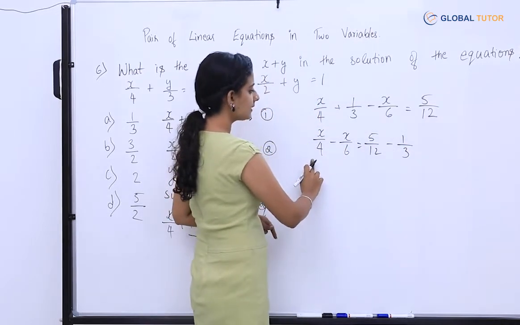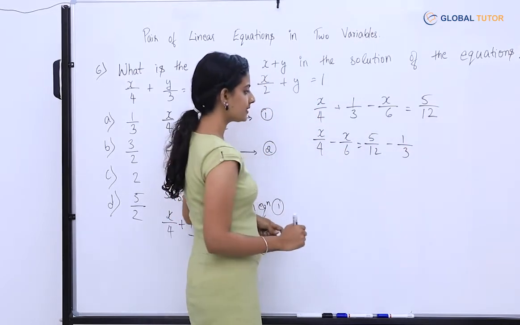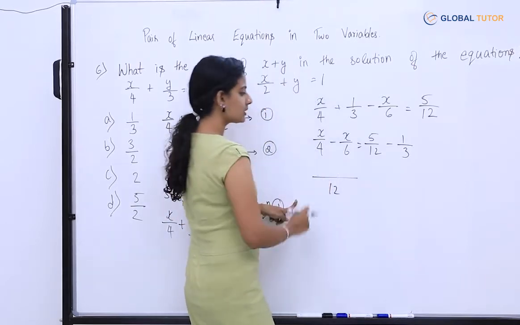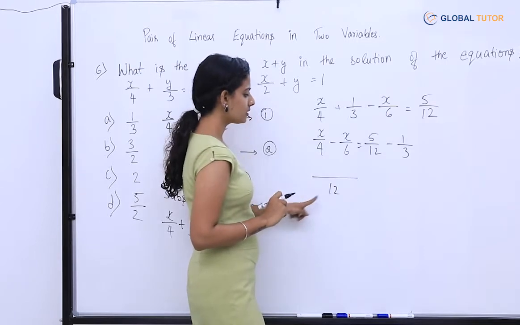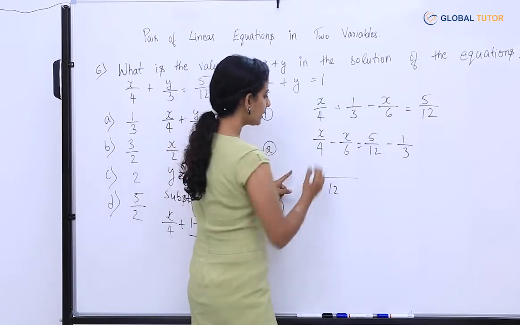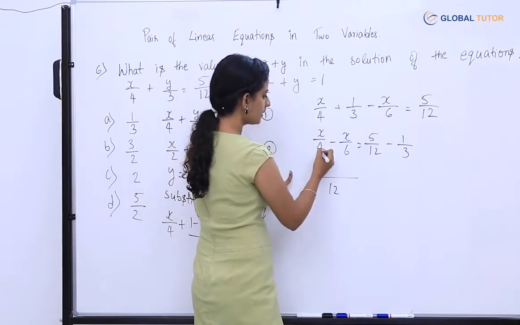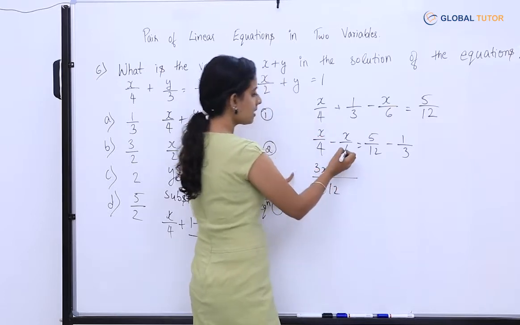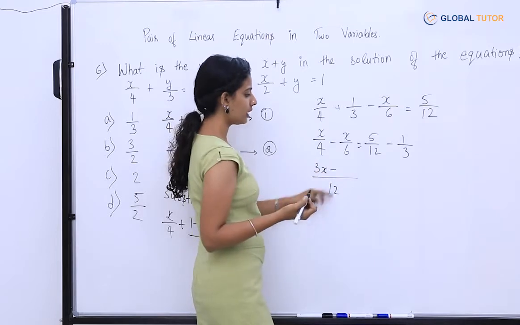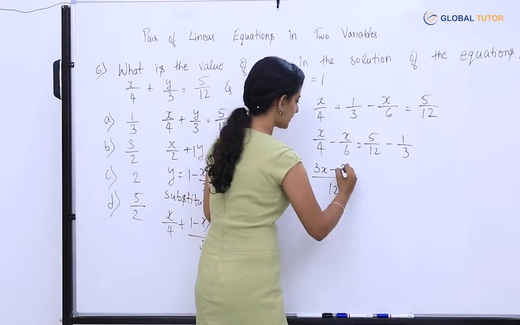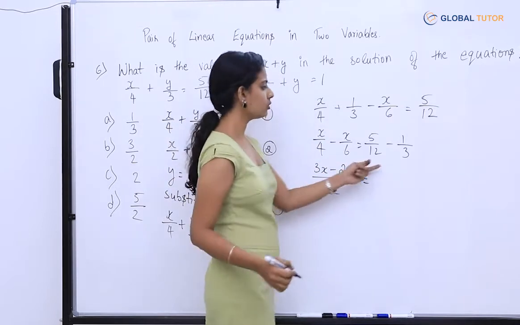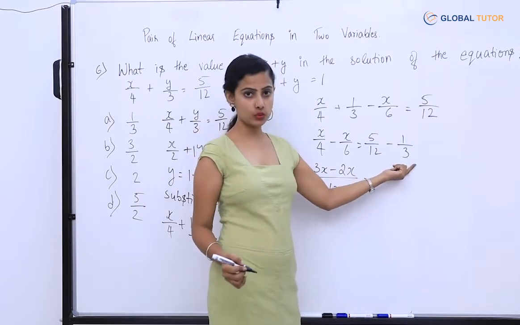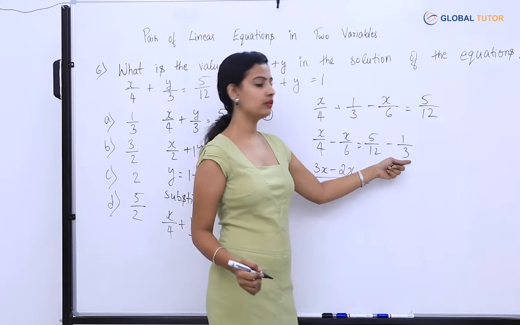Now let's take the LCM of 4 and 6, which is 12, because 4 3s are 12 and 6 2s are 12. What we can do here, because 4 3s are 12, we write 3x minus, because 6 2s are 12, we write 2x is equal to, here also we can take LCM. LCM of 12 and 3 is 12, because 12 ones is 12, 3 fours is 12.